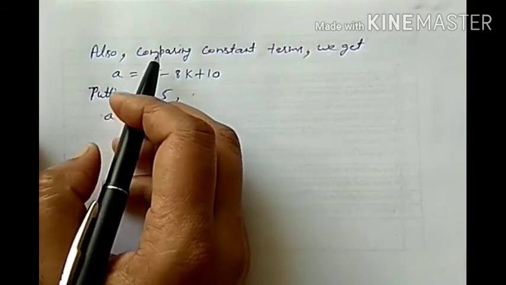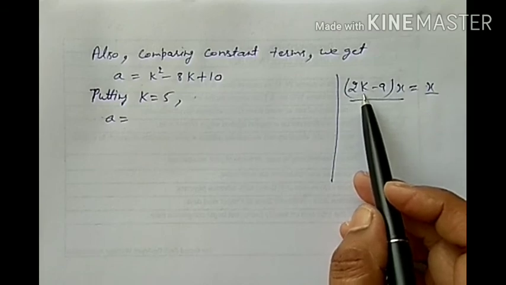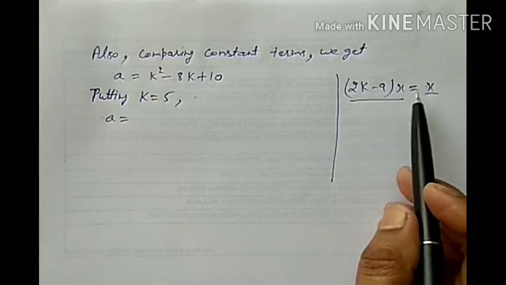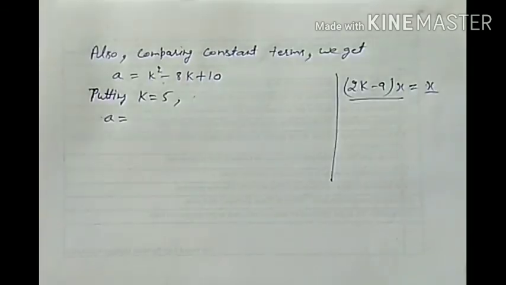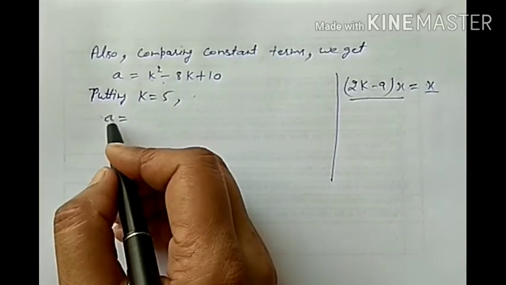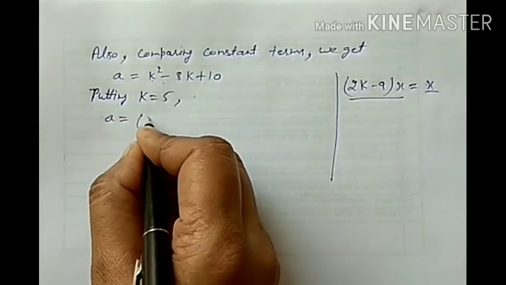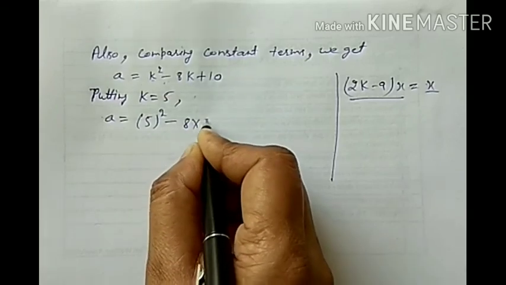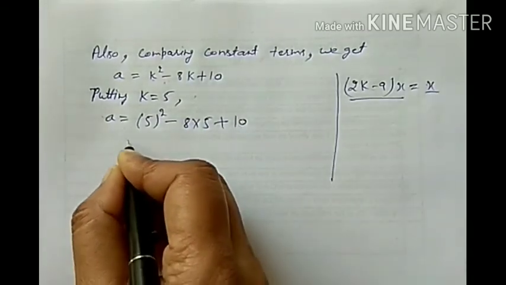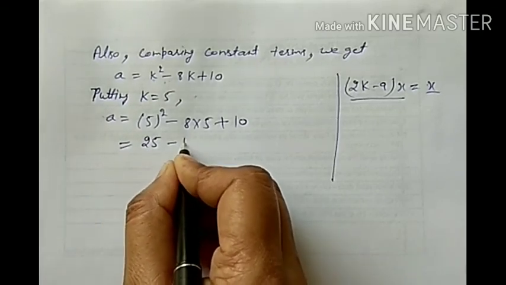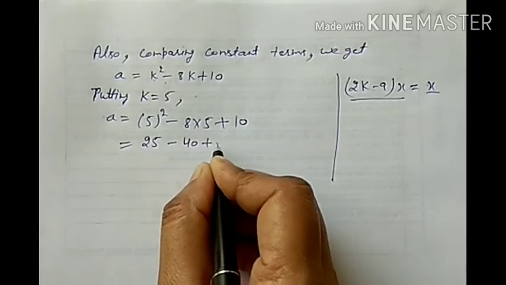So putting the value of k to find out a, 5 square minus 8 into 5 plus 10. 5 square, 5 into 5 means 25 minus 40 plus 10.